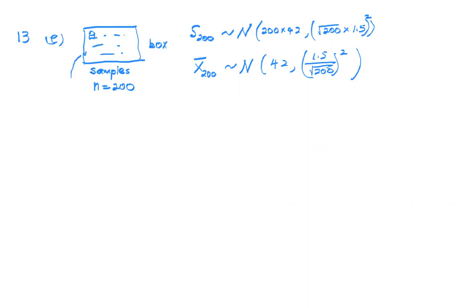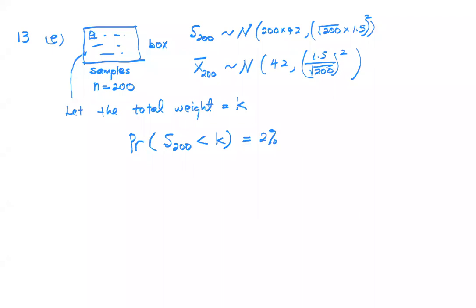So I can let the total weight be K. That means I'm talking about the probability of S200, 2% of these boxes contain less than, so less than K. The probability is 2%, which is 0.02.